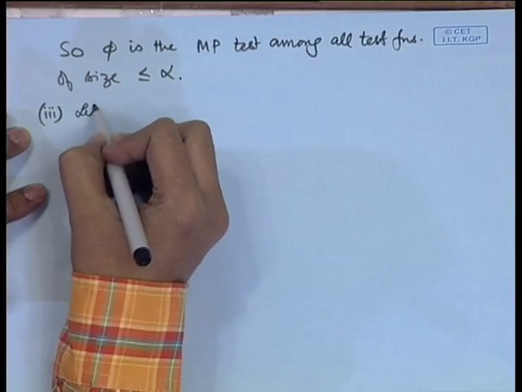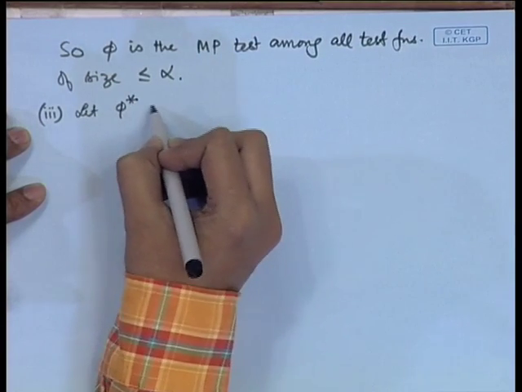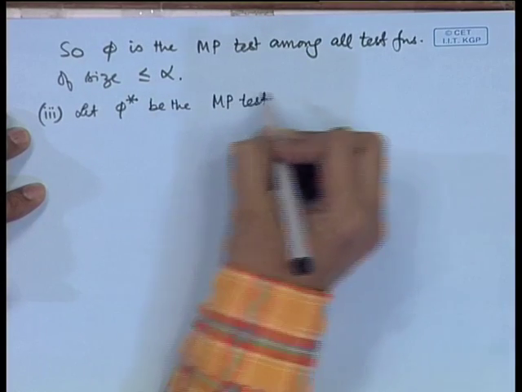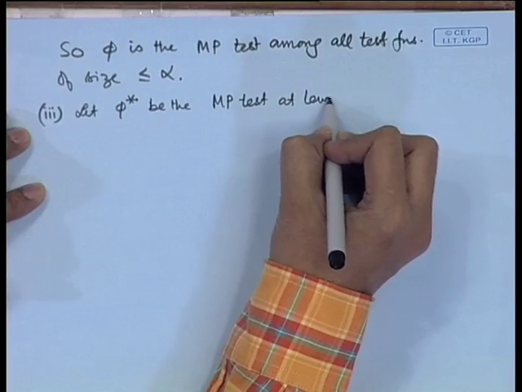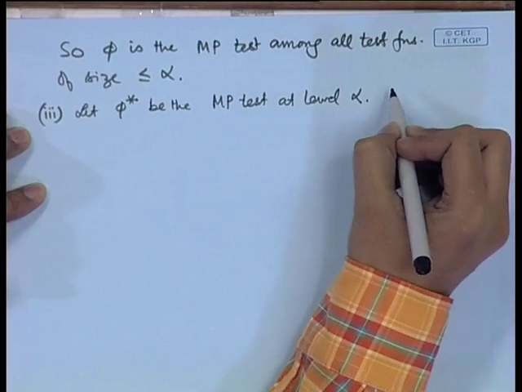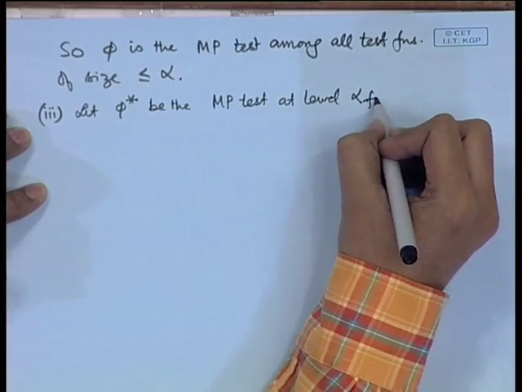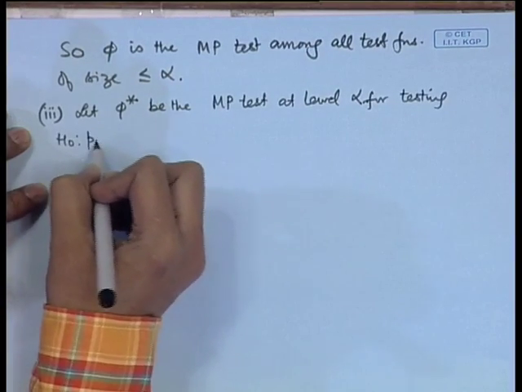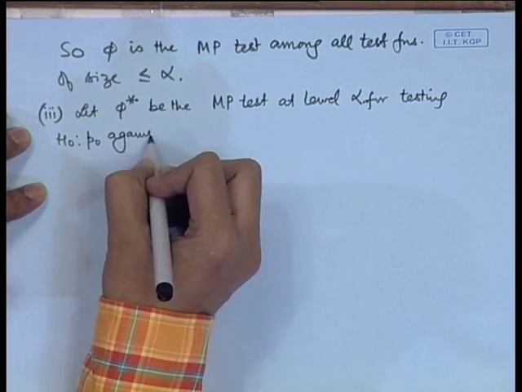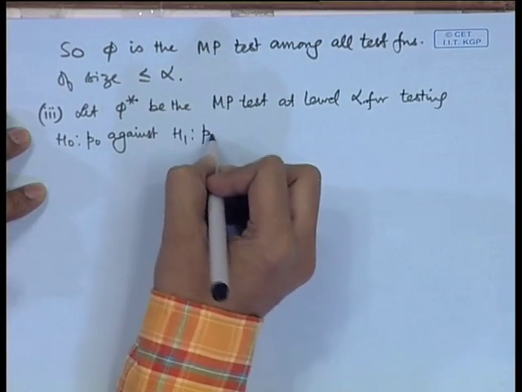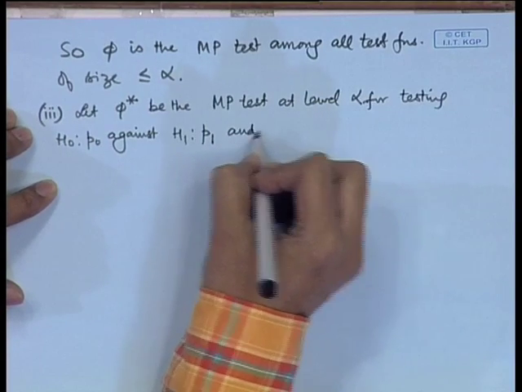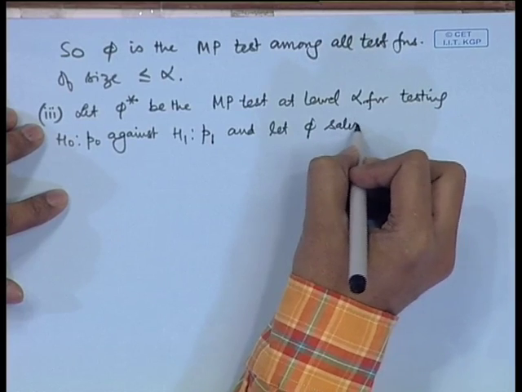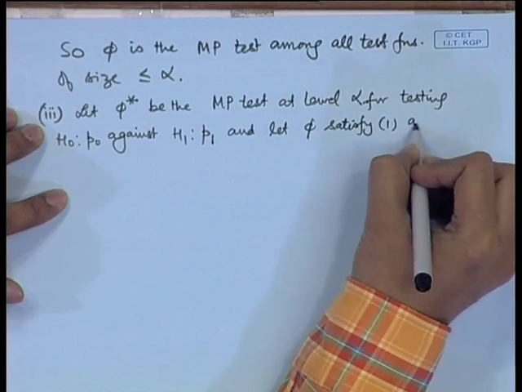So, let phi star be the most powerful test at level alpha for testing H naught: P naught against H 1: P 1, and let phi satisfy 1 and 2.